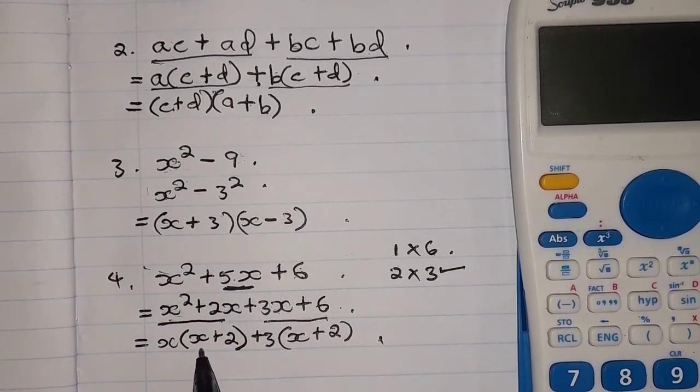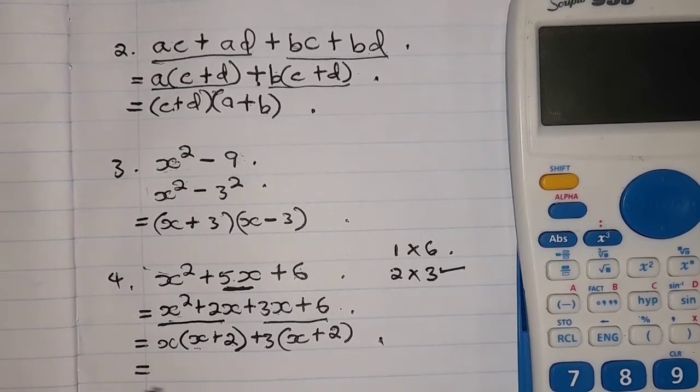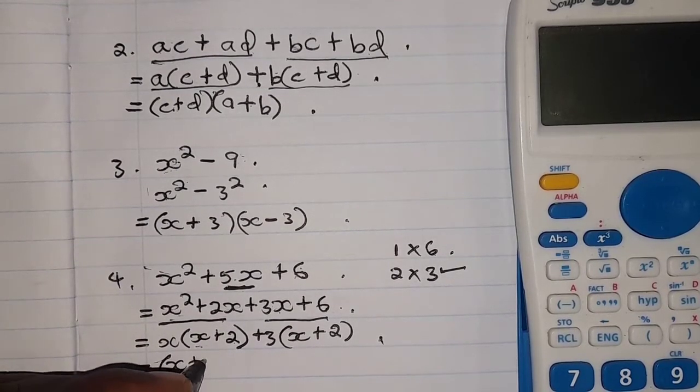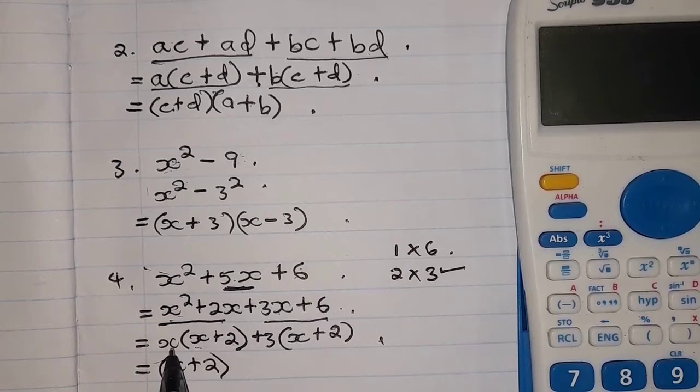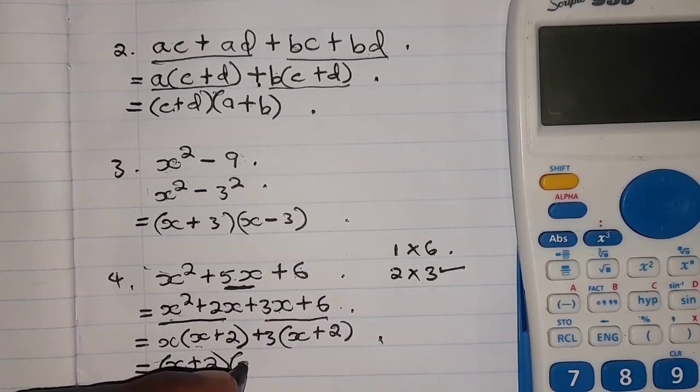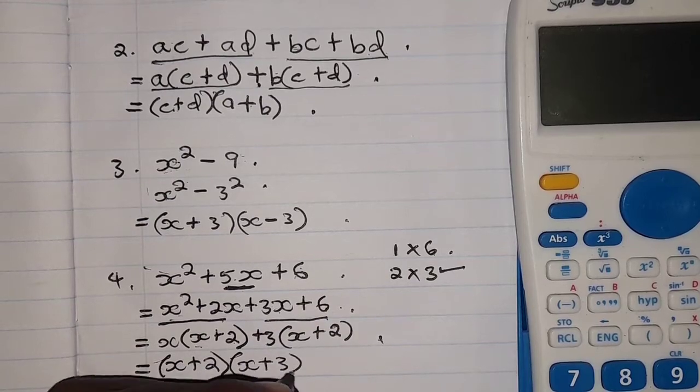And then notice that we have x plus 2, we have x plus 2. So we collect this one, it's x plus 2, and we are left with an x plus 3. The second bracket will be x plus 3.